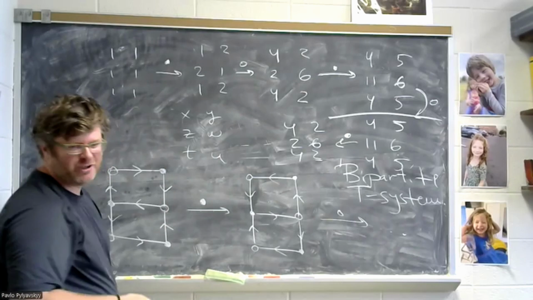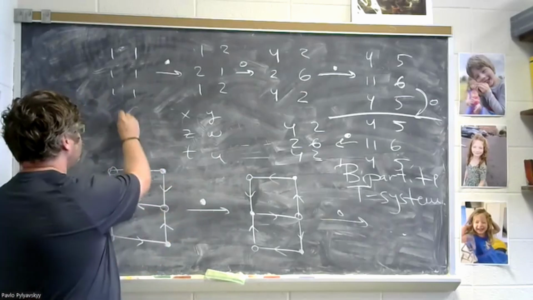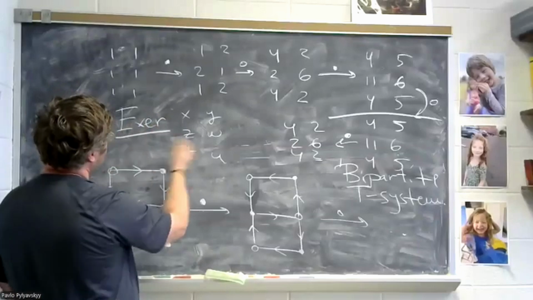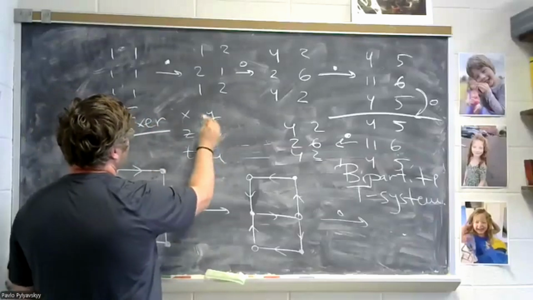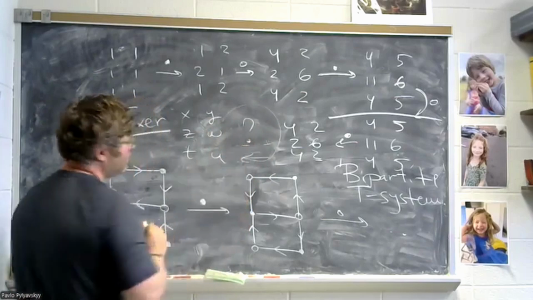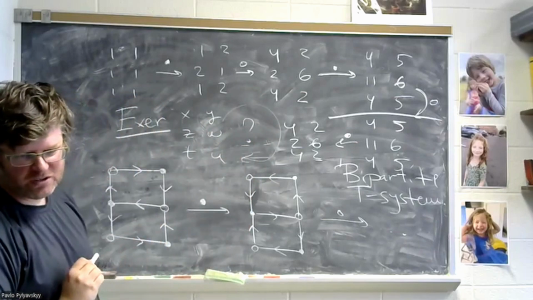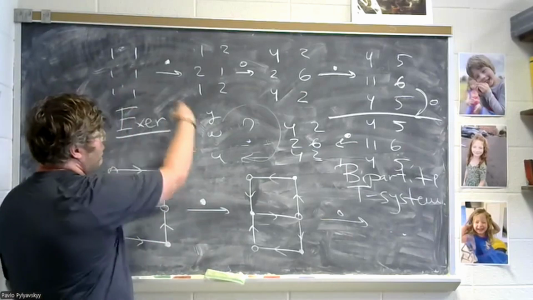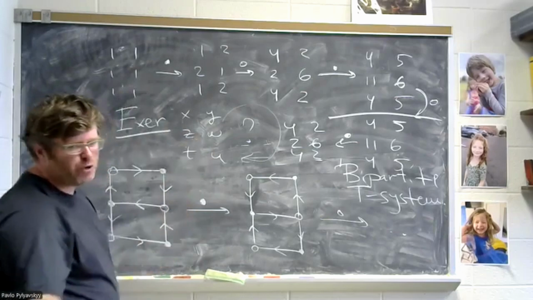Because I need to assign something. So that's a reasonable thing to try. Exercise for homework: check that this is periodic. Not just for 1, 1, 1, 1, but for any variables. You can use a computer if you want.